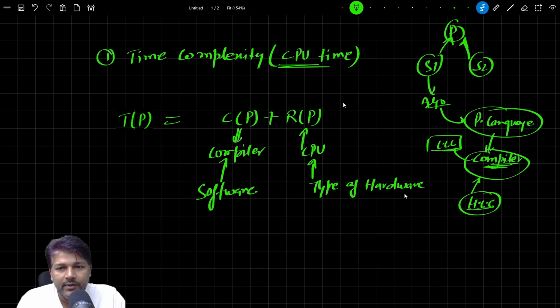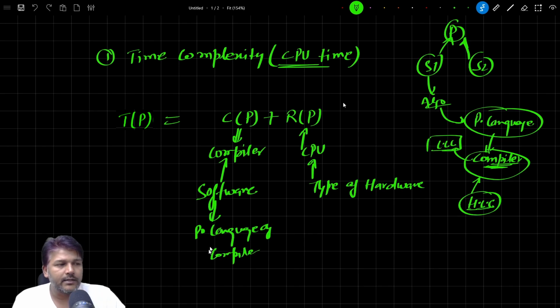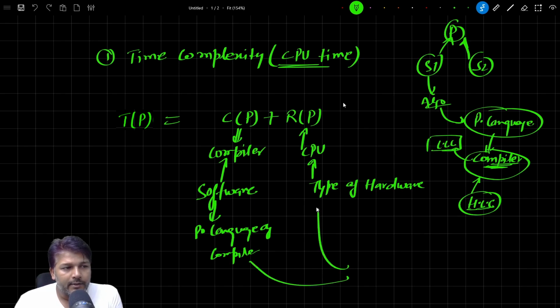This is hardware, and that CPU can be of different types, maybe i3, i5, i7, Pentium 4, and there are multiple variations of that configuration. And this software is the programming language compiler, right? So we need to analyze these two parameters.